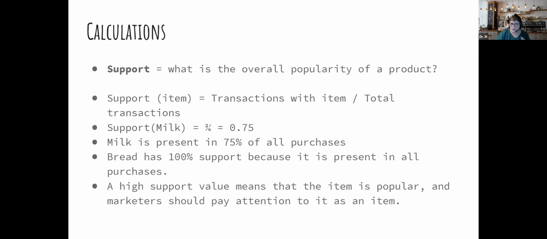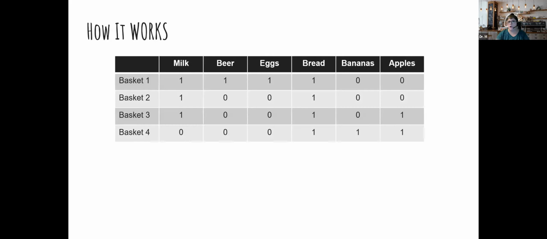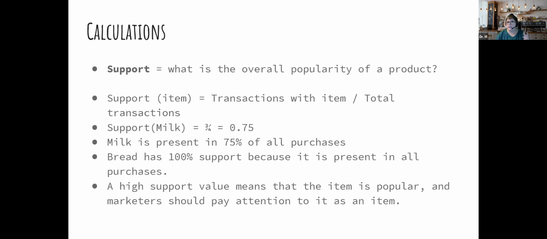So for milk, we have three transactions that had milk, 3 out of 4. So that's going to be 75% support. So milk is present in 75% of all purchases in our data set. We must remember that we're just talking about our current data set.